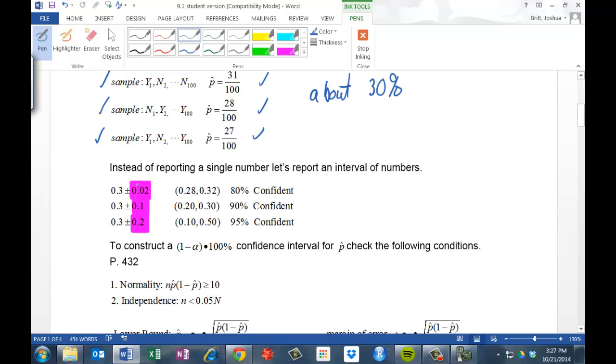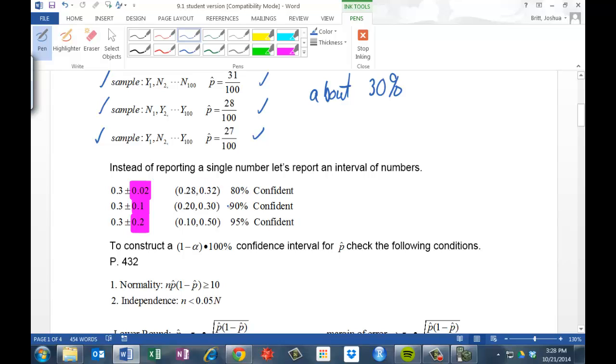So 30 plus or minus 2% would take us to 28 to 32%, and we might say that we're 80% confident that the true percentage of students is somewhere in this interval.